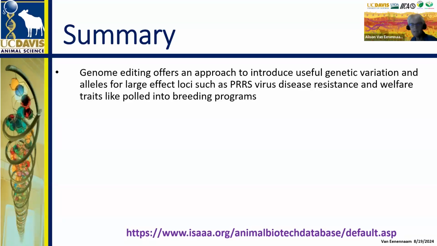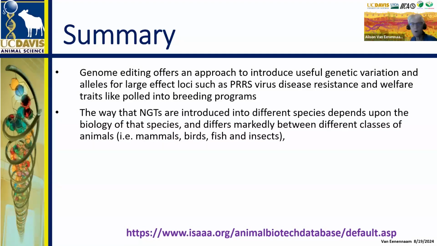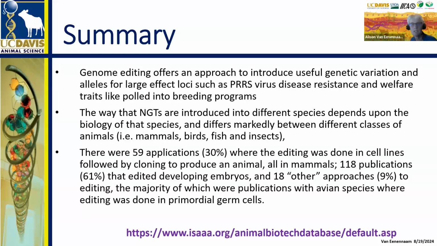And welfare traits like not growing horns into cattle breeding programs. The way they're introduced will differ by species, dependent on the biology of that species. And so it's quite different to plants, and it depends on the species as to which method is going to be used. And that will potentially affect some aspects of, for example, a risk determination for that particular species.